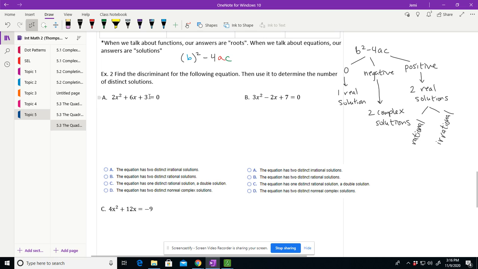Example 2. Find the discriminant for the following equation, then use it to determine the number of distinct solutions. So I've got some new examples here. Below it, you'll see this A, B, C, D. This is just a snipping, a picture of the exact wording that comes off of the 5.3 Savas homework.